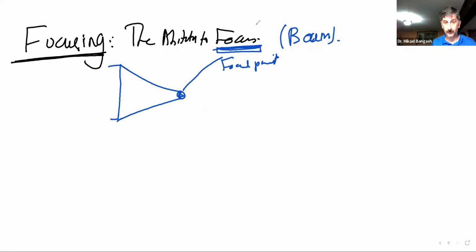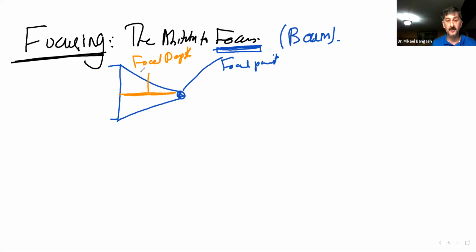It was also when we talked about the beam that we called this distance here the focal depth, the depth at which we focus.